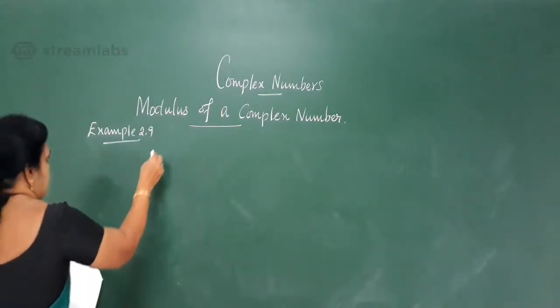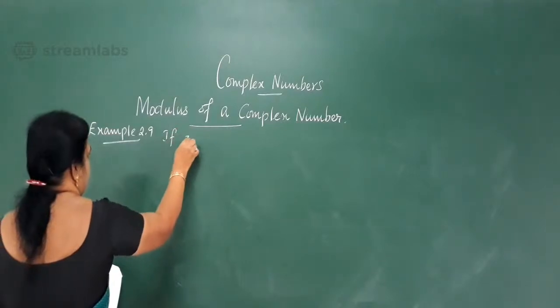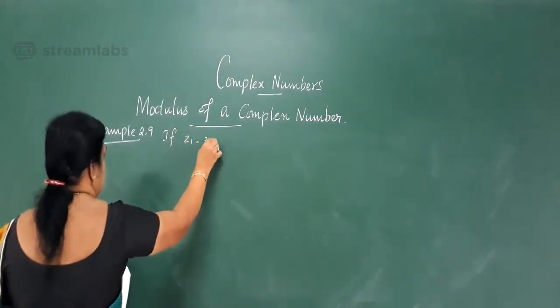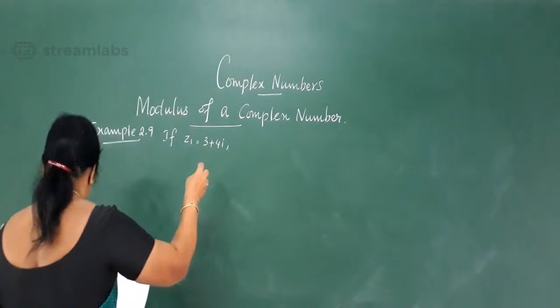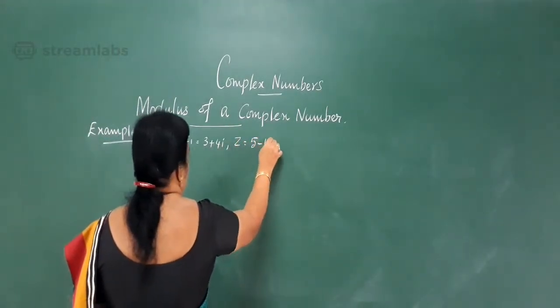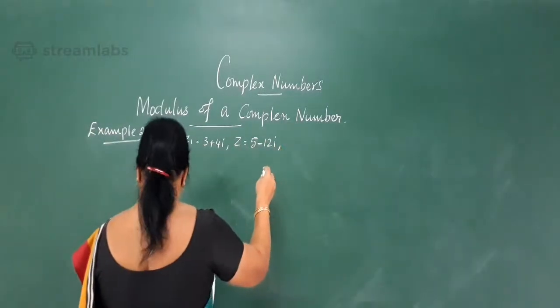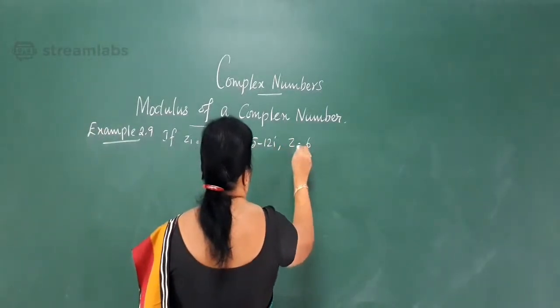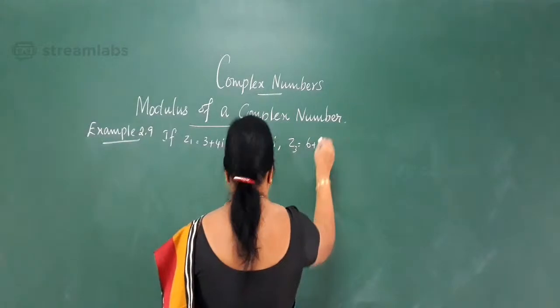Here they have given z1 is equal to 3 plus 4i, z2 is 5 minus 12i and z3 is 6 plus 8i.